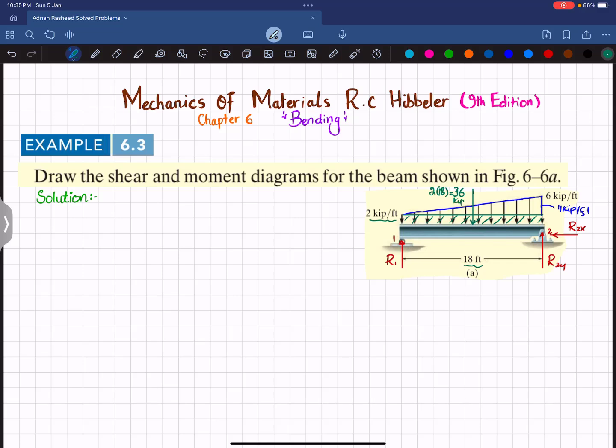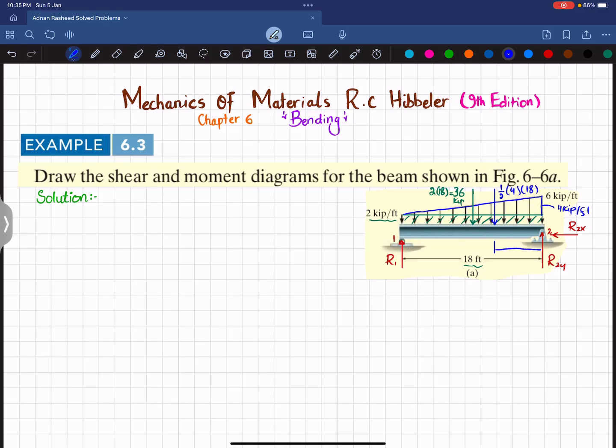And this blue triangular load, when converted into a point load, will be equal to 1 over 2 multiplied by this 4 and the length over which it acts, which is 18, and that will act at a distance of L by 3 from this side.